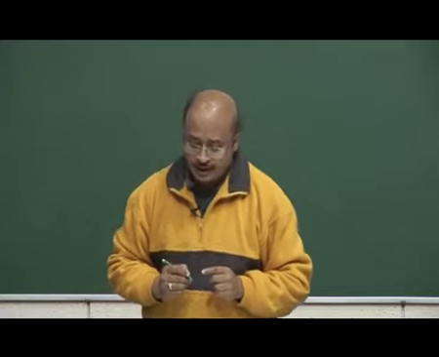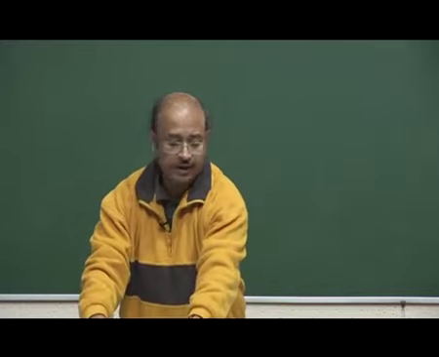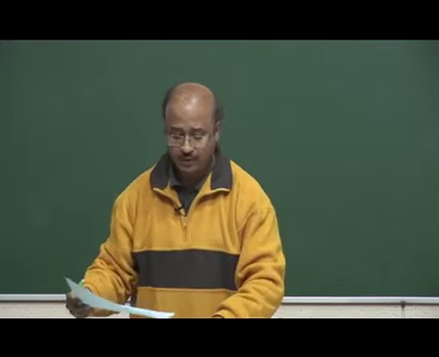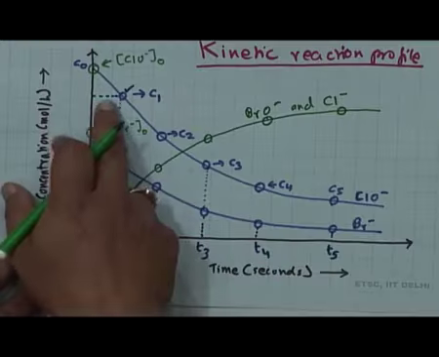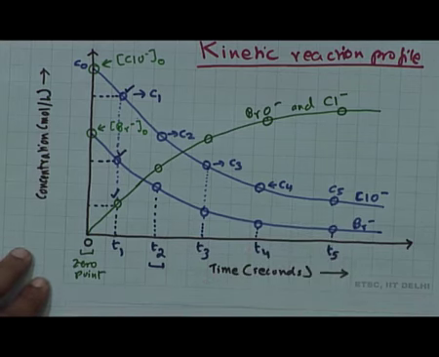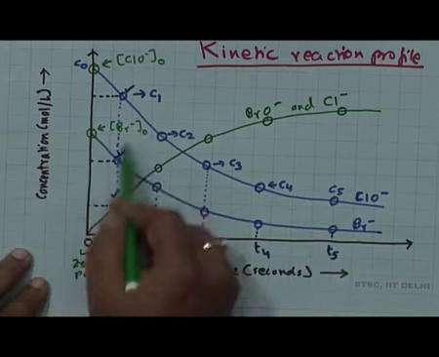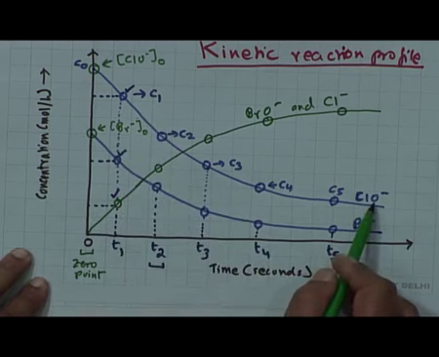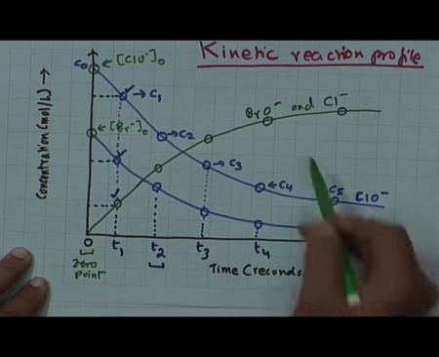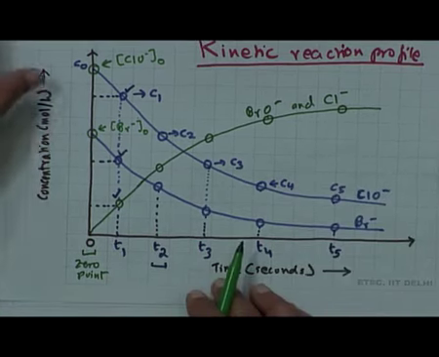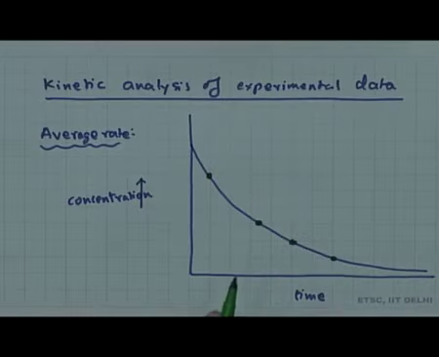Now, if I can take you back a couple of lectures ago, it is very similar to that kinetic reaction profile, where for the blue lines corresponding to the products of the reaction between hypochlorite and bromide, giving hypobromide and chloride, we saw how the reactants were changing as a function of time, and this is what I am doing out here too.